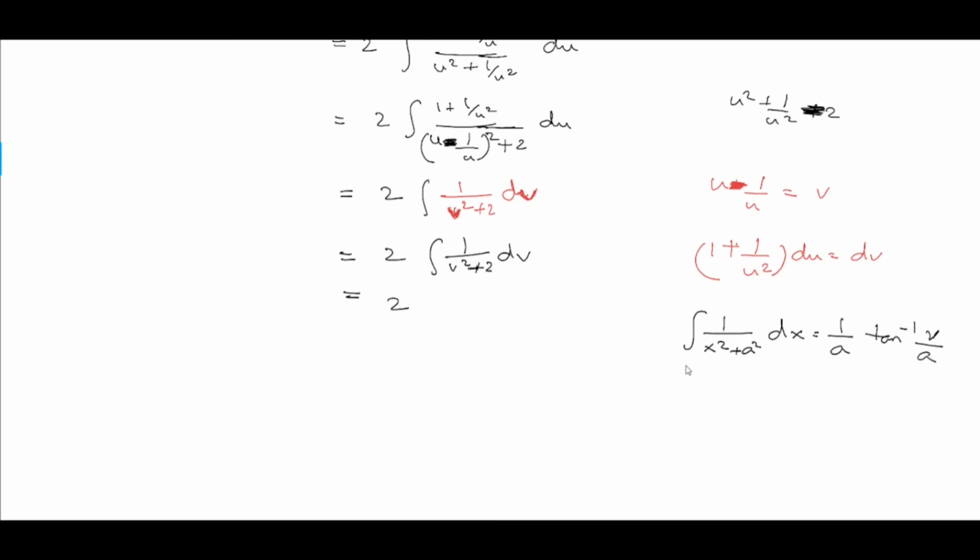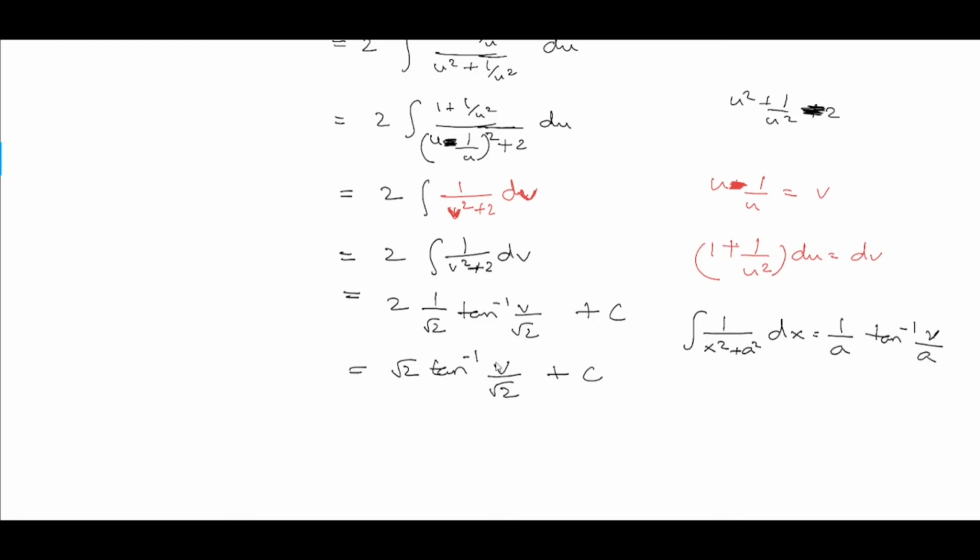I'll link a video in the description for this proof if you want one, also in the cards which you can see in the right corner. And that's about it. We just have to substitute it back now. So that's going to be 1 by root 2, because my a is root 2, tan inverse v by root 2, and plus c, never forgetting. So root 2 tan inverse v by root 2 plus c, right?